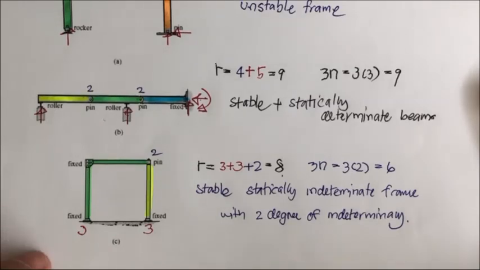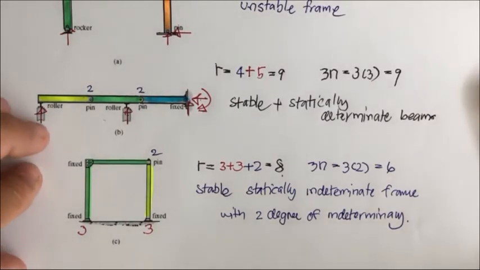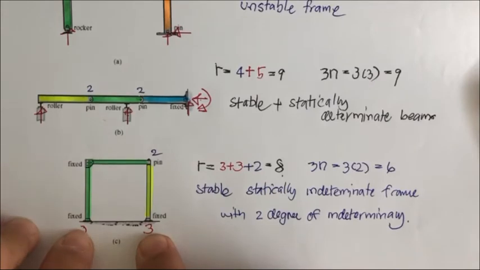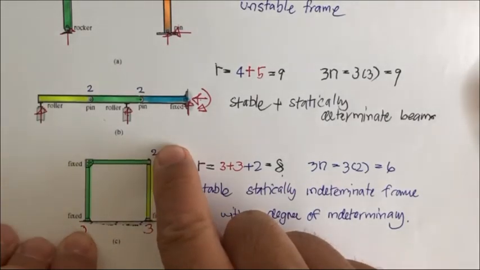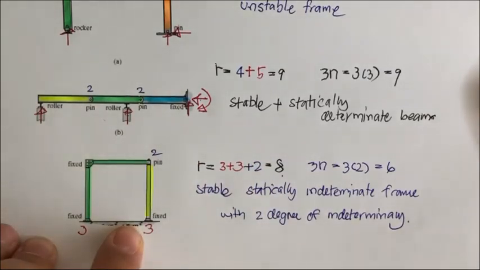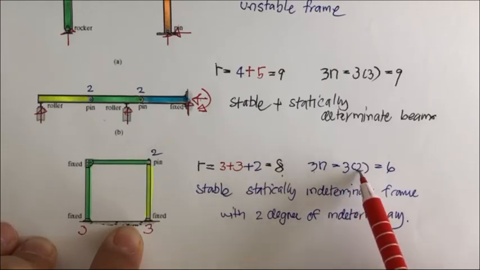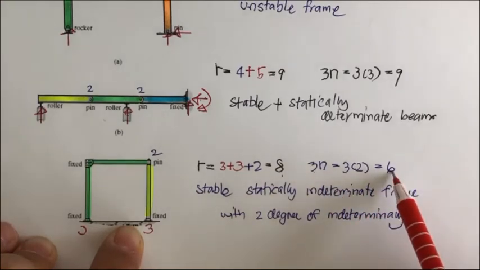The concept is simple. We compare the unknowns with the number of equations of equilibrium. The unknowns can be the reactions and the internal forces, like in this example. And the number of equations of equilibrium is 3 equations for each free body diagram. If you have n free body diagrams, you just multiply 3 by n. You get the number of equations of equilibrium.